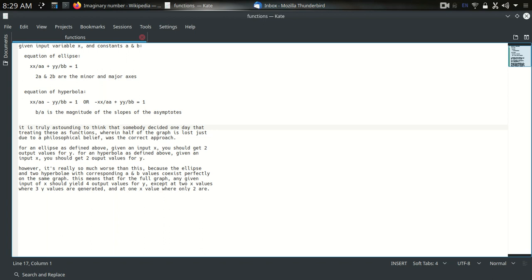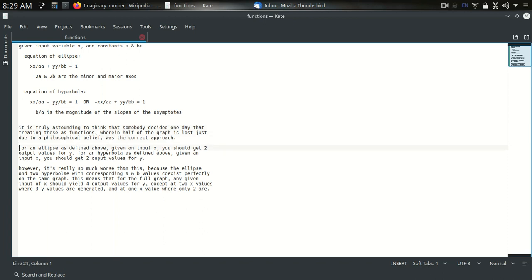Somebody sat down one day and was like, oh, no, this isn't the equation for an ellipse, it's just an equation for the top half. Tell me that's not ridiculous. Somebody sat down one day and was like, oh, this isn't the equation for a hyperbola, it's just the equation for the top half. What? What are you talking about?